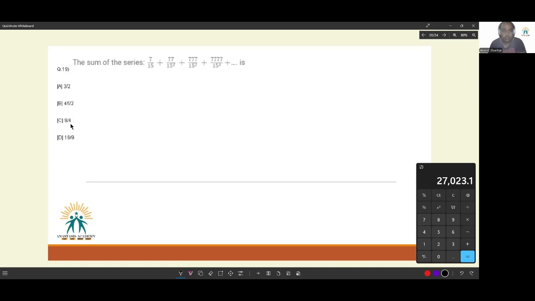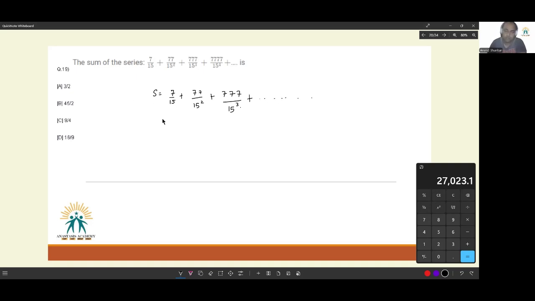Next, the sum of the series. S is equal to 7 by 15 plus 77 by 15 square plus 777 by 15 cube, and so on and so forth.